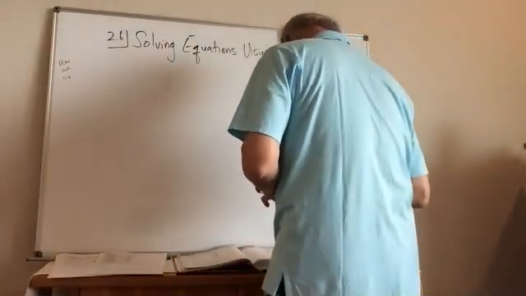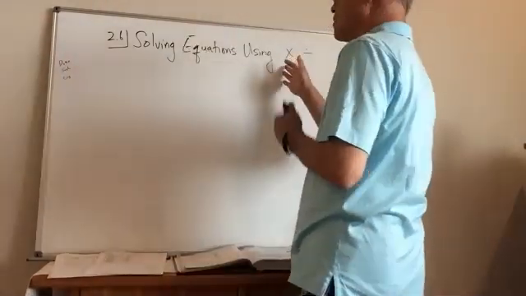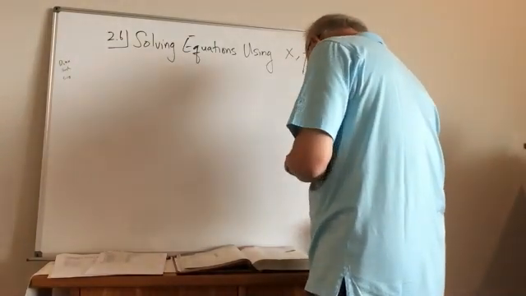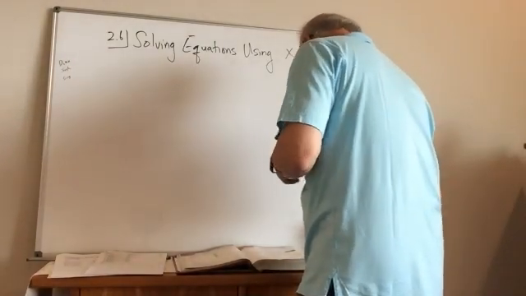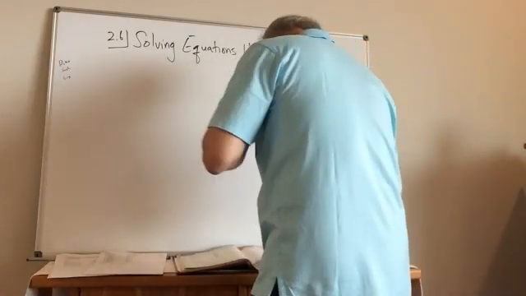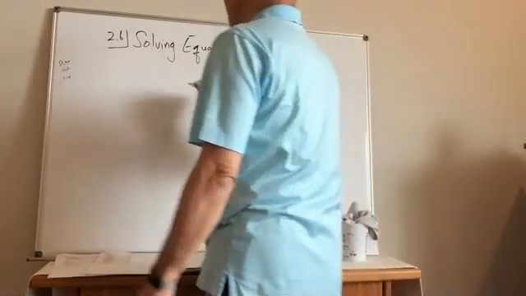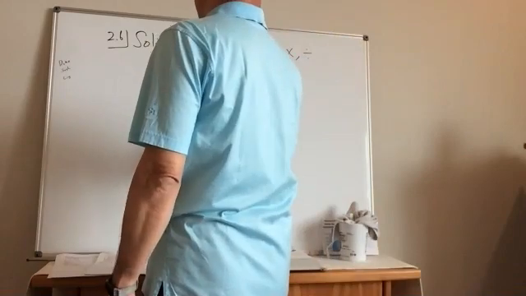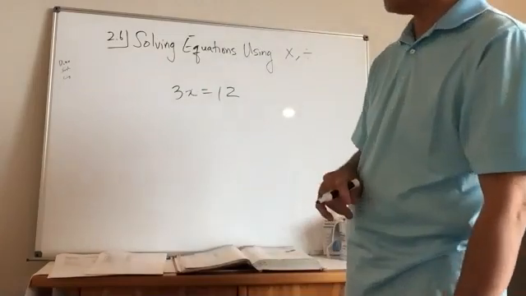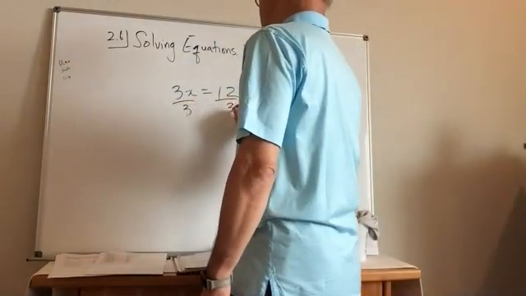In 2.6, we're going to do the same thing, but instead of using addition and subtraction, we're going to use multiplication and division. So let's go in the middle of page 97 where it says, dividing each side of an equation by the same non-zero number produces an equivalent equation. So if I have an equation that looks like 3x is equal to 12, I would divide both sides by 3.